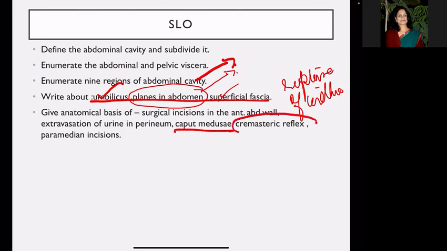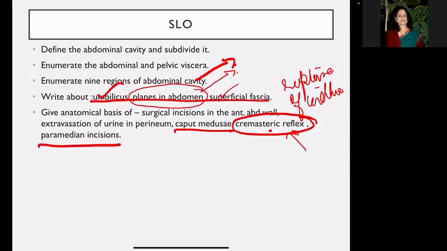Yes, we have not talked about the cremasteric reflex. We'll read in the next classes, as the cremasteric muscle will be read along with the anterior abdominal muscles.